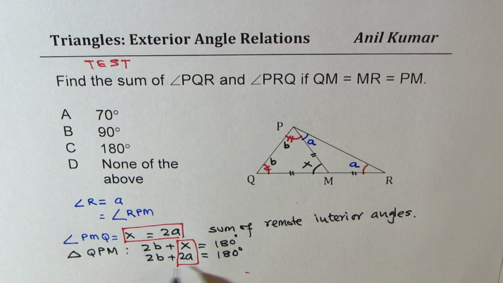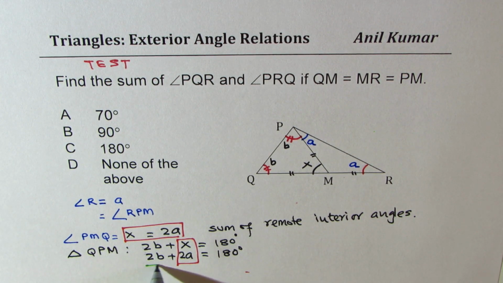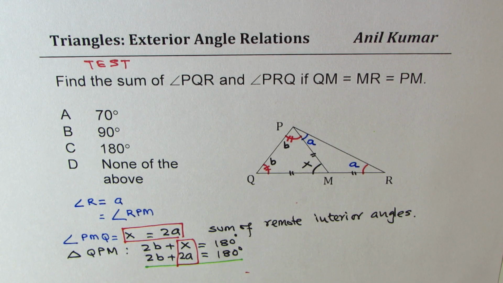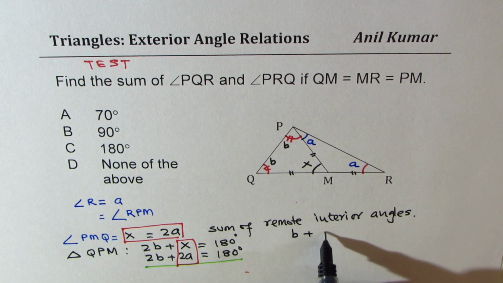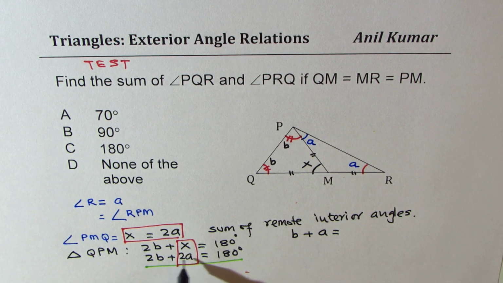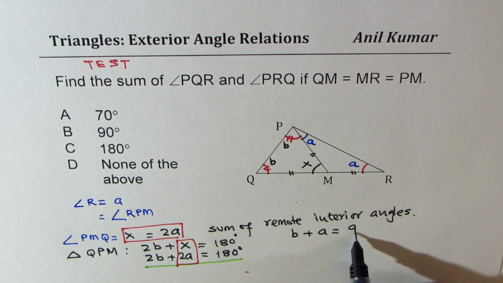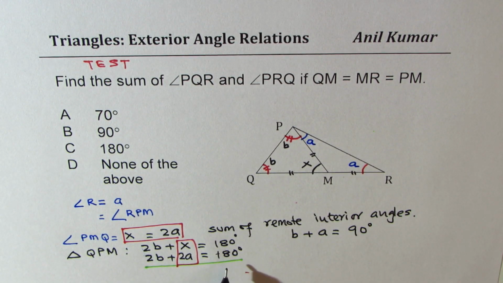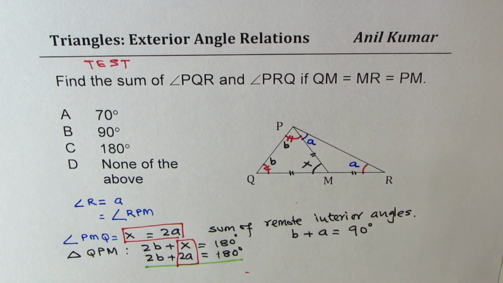If I divide by 2, what do I get? In this particular equation, if I divide everything by 2, it becomes B plus A equals 90 degrees. Does that make sense?